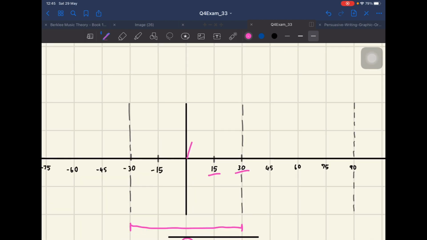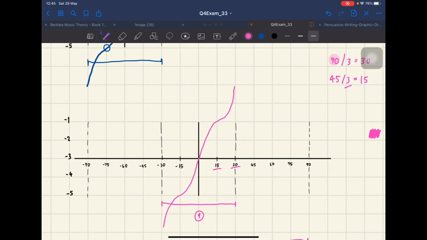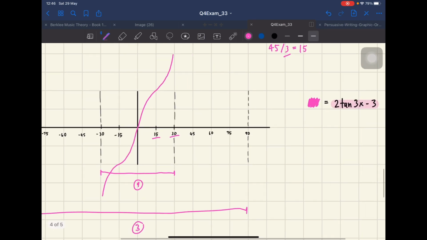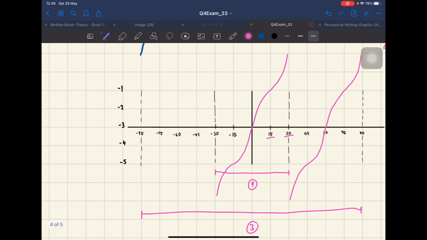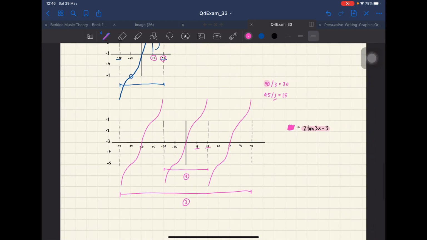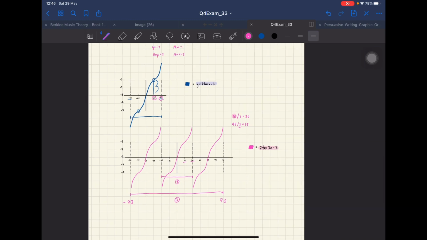I'll graph for you. Okay, so as you see right now, I have 3 graphs in the same distance, which is -90 to 90. Okay, so this is all of my graphing for the questions.